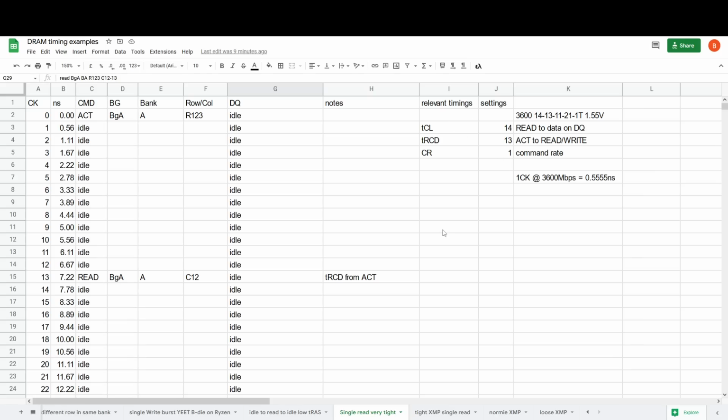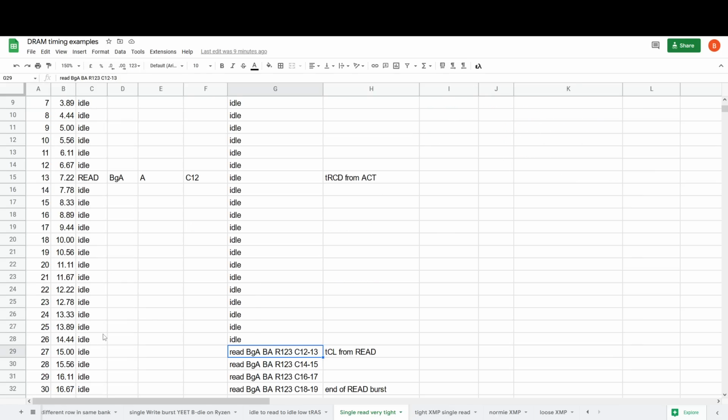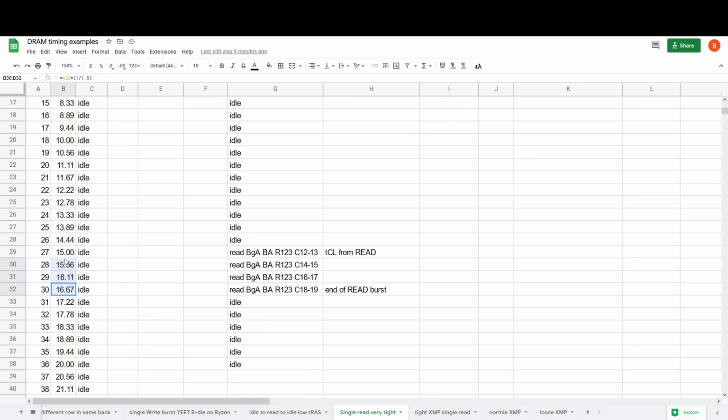Anyway, this is what it looks like if you have very tight timings, and the data is output from the memory chip in 15 nanoseconds. It still takes time for the data to get down the motherboard, which doesn't take that long, but then it takes quite a while to get through your memory controller, and then the ring or the Infinity Fabric, and then it needs to get to the cores.